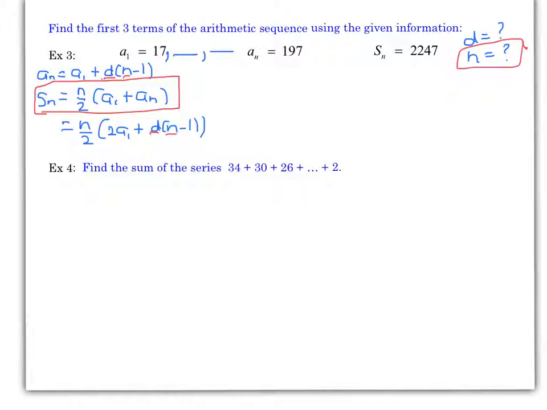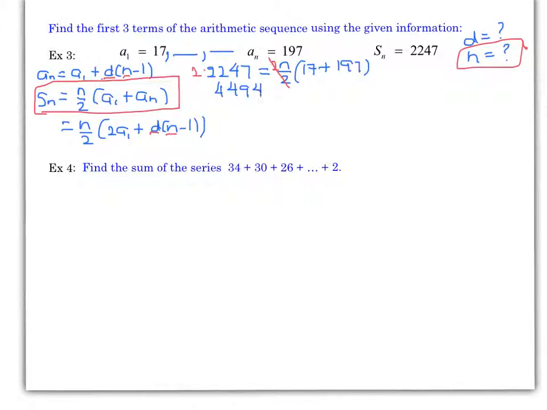So we're going to use s sub n, which we know is 2247, and that equals our n, which we don't know, over 2 times a sub 1 plus a sub n. And so multiplying both sides by 2 will allow me to cancel this 2, so that I have 4494.